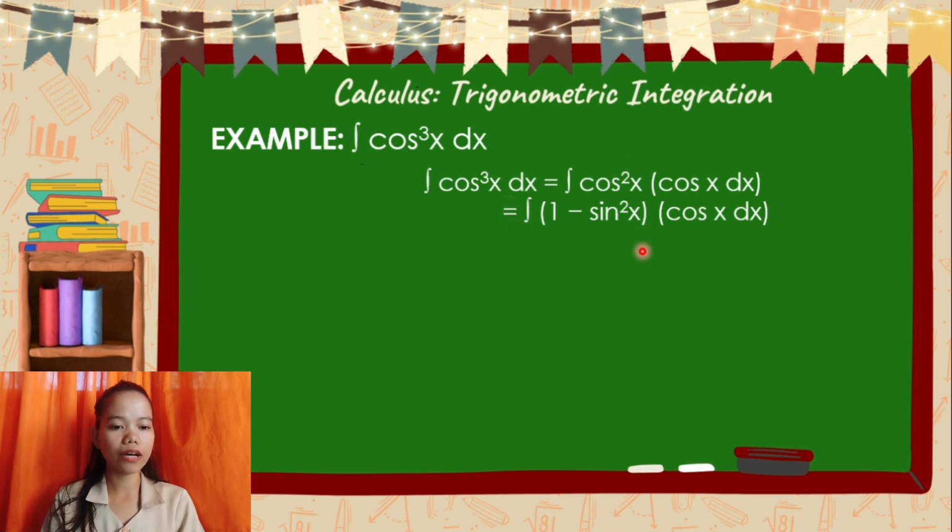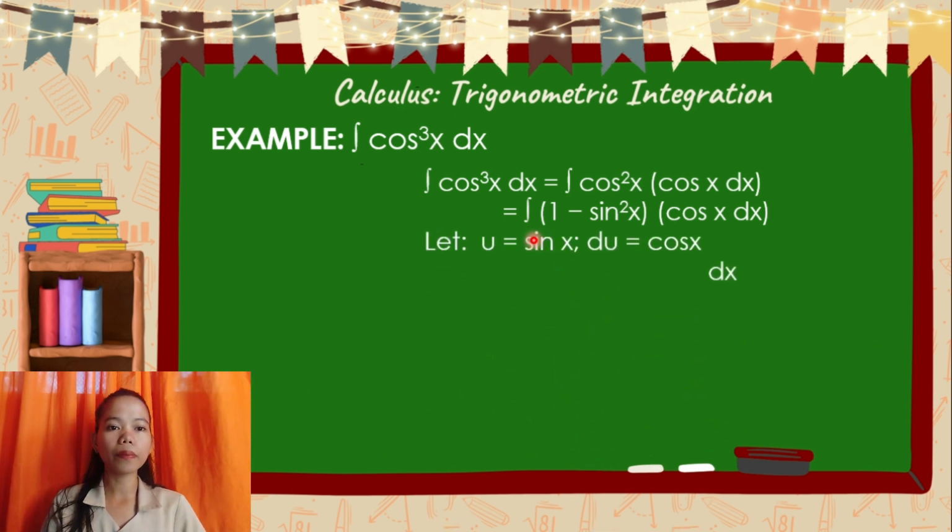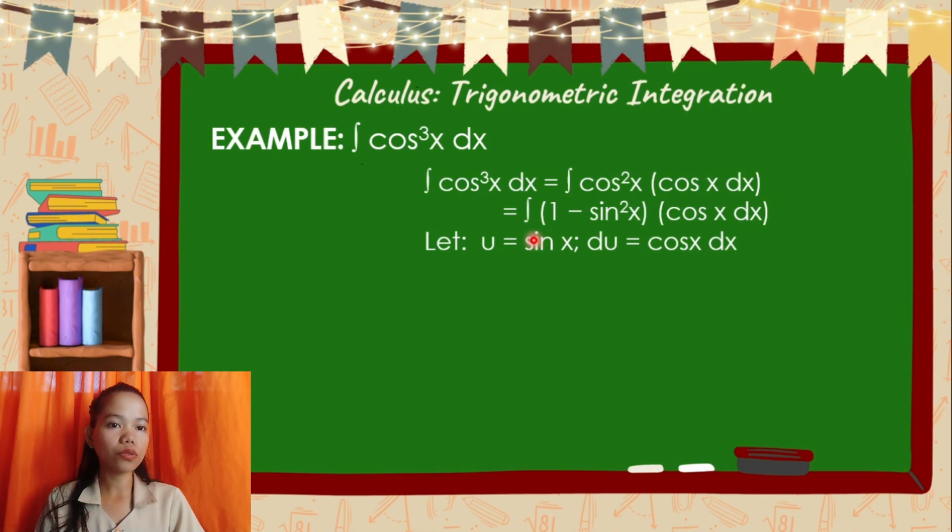What we have now is the integral of the quantity 1 minus sine squared of x multiplied by cos x dx. Next, we are going to apply u substitution. We let u equal sine of x, and du, the derivative of sine x, is of course cos x dx.